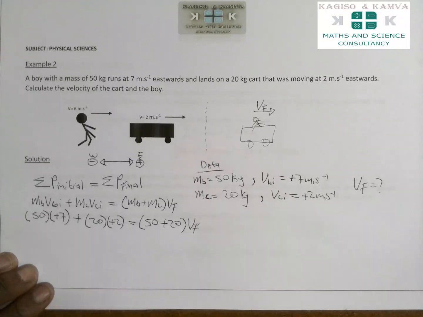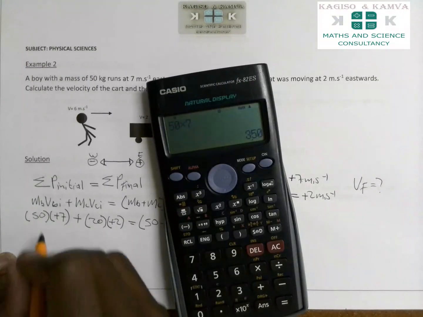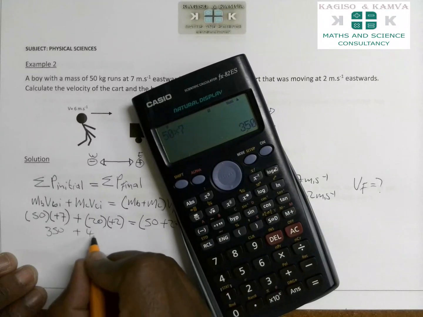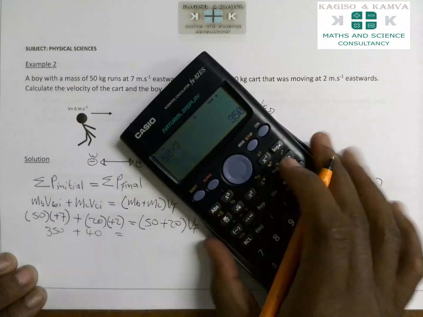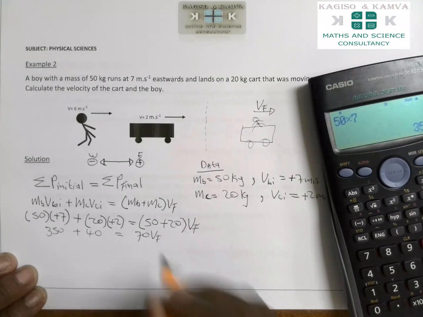Now doing the 2, that will be 50 times 7, that will be 350 plus 40 is equal to 20 plus 50 plus 20, that will be 70 VF.